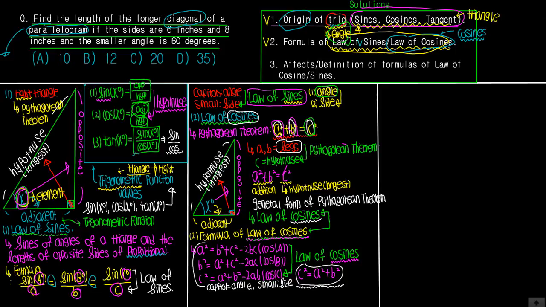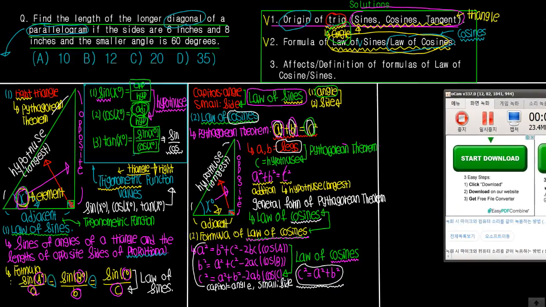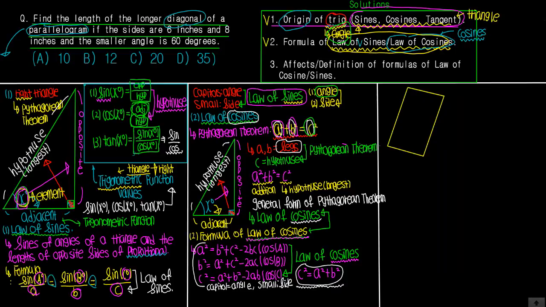So let's simply draw an approximation of our parallelogram. Say the parallelogram that we're trying to solve looks something like this, which means this side should always be parallel to this side, and this side should always be parallel and exactly equivalent to this side.